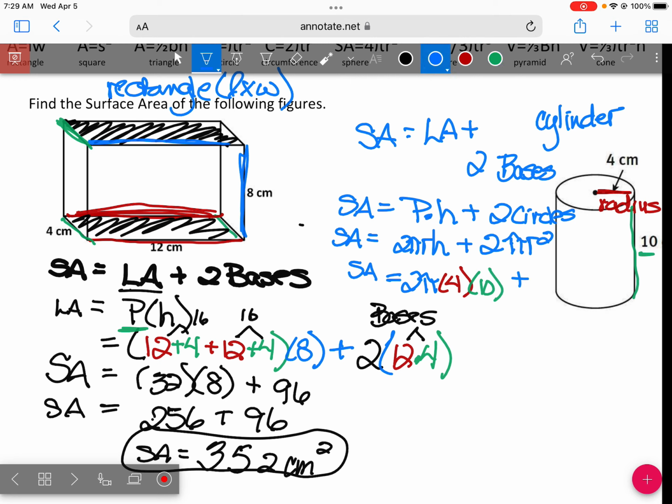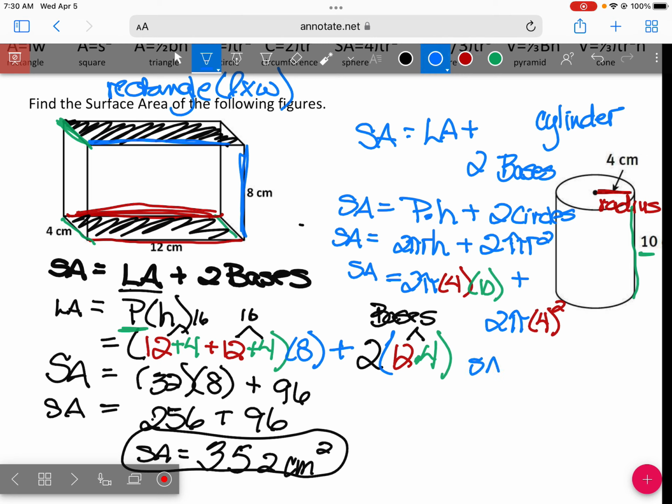Plus 2 of the areas of the circles, which is pi times my radius 4 squared. Okay? So the important part is you need to write down and make sure you get the correct numbers in all the right spots, and then you're going to use your calculator and put it all together.